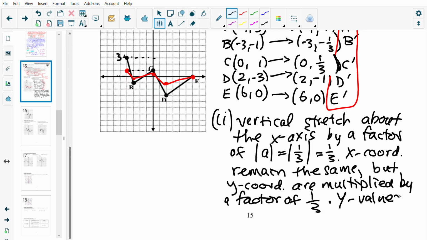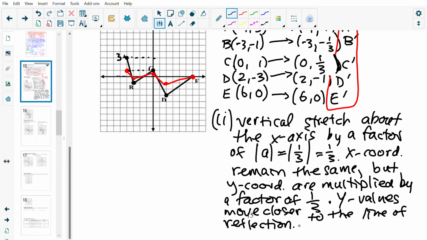Y values move closer to the line of reflection, and that's what we described above with all those definitions, right? So you see all the y values actually moving closer to y equals 0, the line of reflection, by a factor of 1/3.